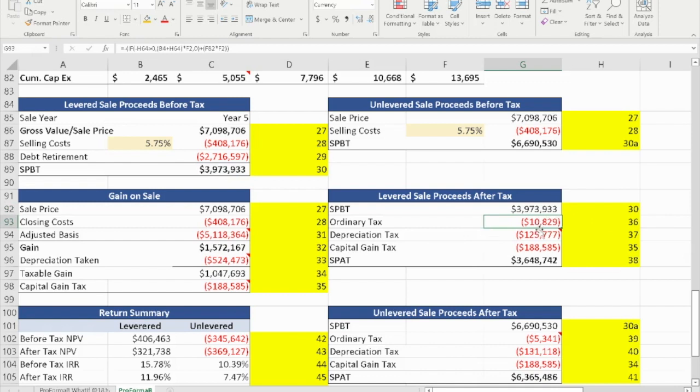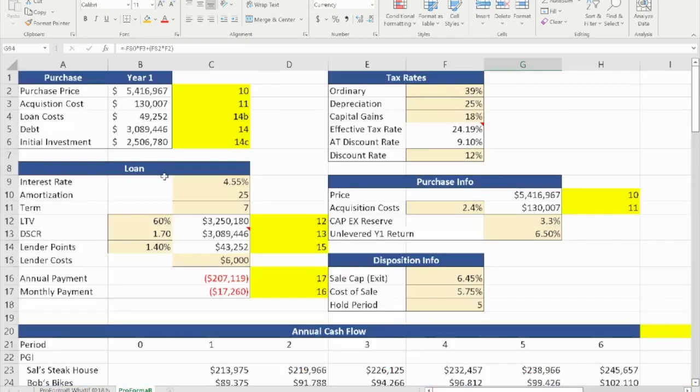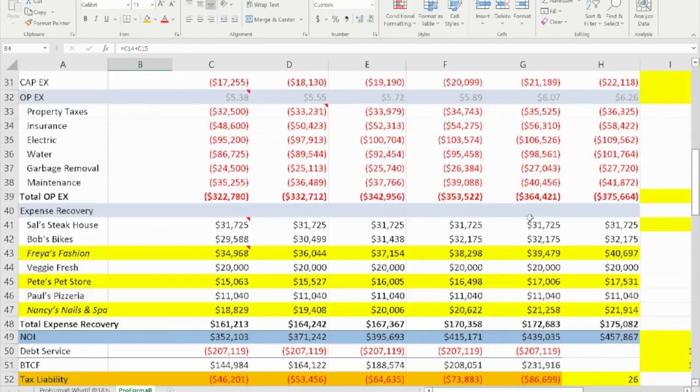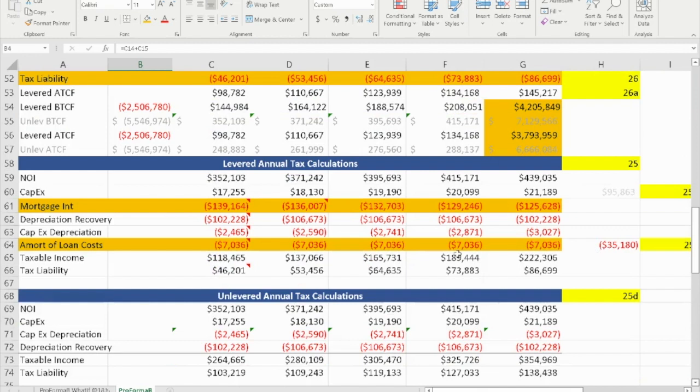This one is a little interesting, probably the toughest piece, but I'll explain as best we can. What you're trying to do, before I show the formula, is get taxed on the difference between the total loan cost and the total amortized loan cost that you took.